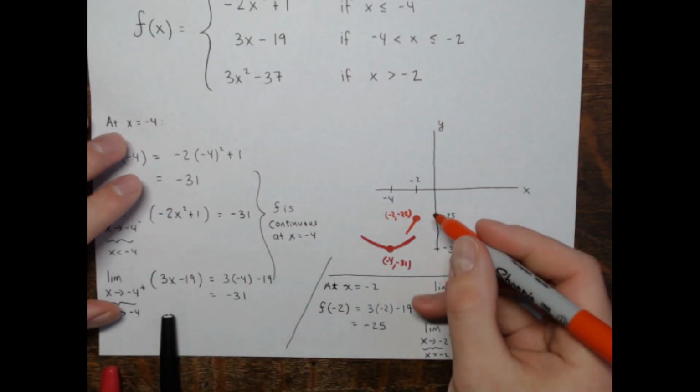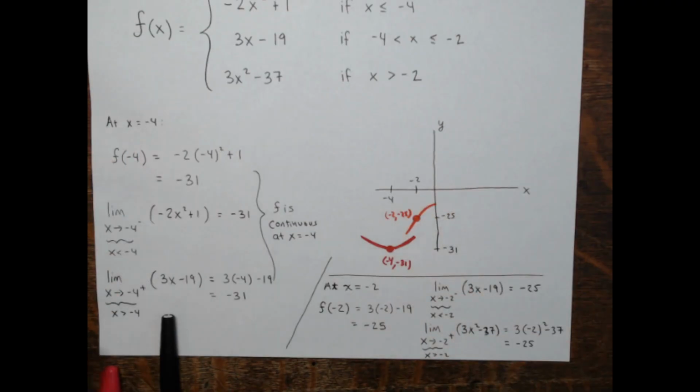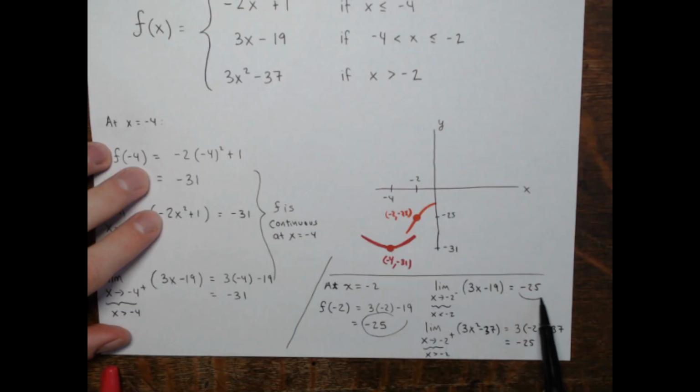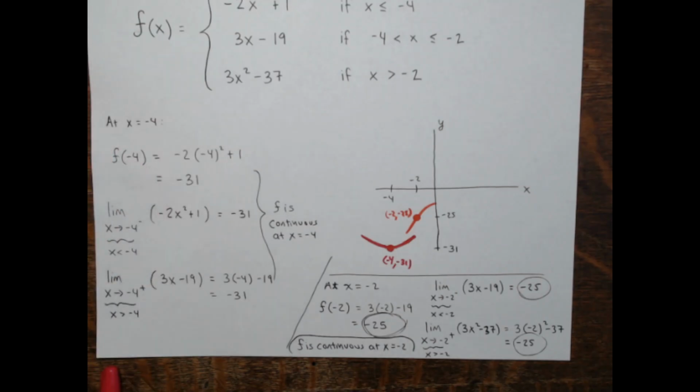So we're continuous at -2 as well. Since the left side limit, the right side limit, and the value at -2 were all the same, f is continuous at x equals -2. So that's not going to be my answer either.